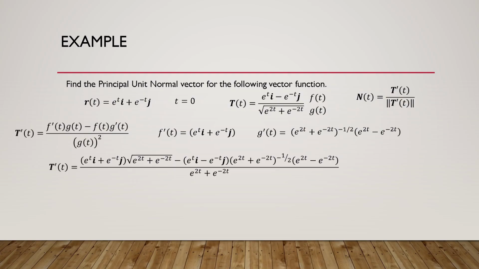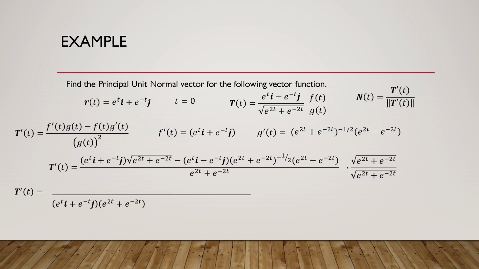Simplification can start with multiplying both numerator and denominator by the square root of e to the 2t plus e to the negative 2t. In the numerator, distributing this to the first term cancels the square root, leaving the quantity e to the t i plus e to the negative t j times the quantity e to the 2t plus e to the negative 2t.